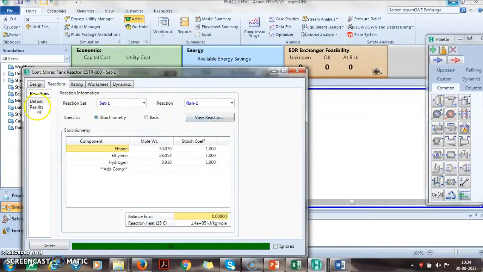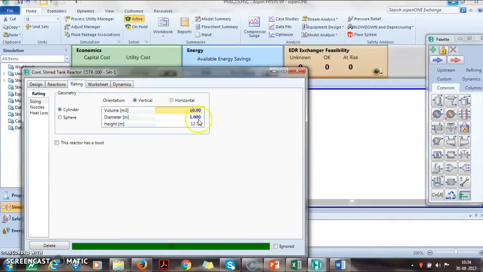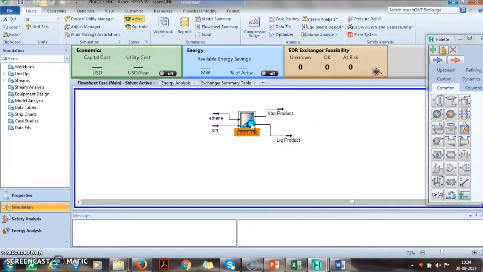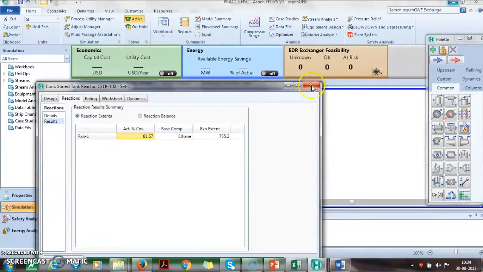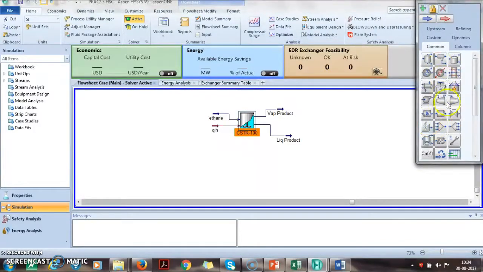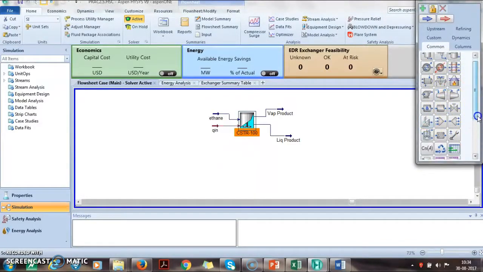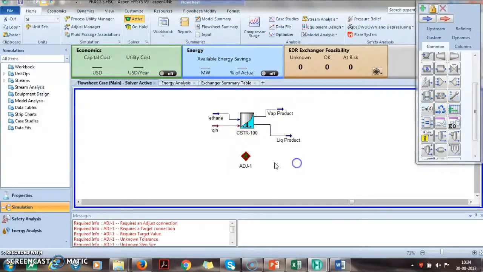What is our aim? Our aim is to find out the design, that is volume, for 60% conversion. So say for example if I make this to 5, and if I look at the result, it is roughly 81. So now, rather than trial and error, I'll go to my adjust tab.